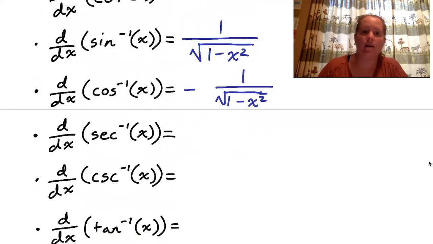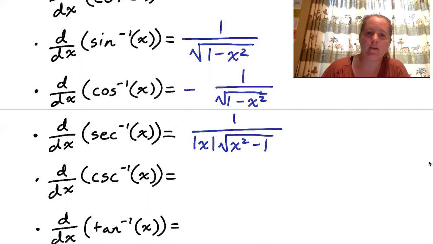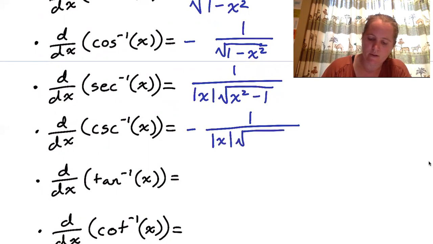Next up, the derivative of secant inverse was 1 over the absolute value of x times the square root of x squared minus 1. The derivative of cosecant inverse is negative 1 over the absolute value of x times the square root of x squared minus 1.